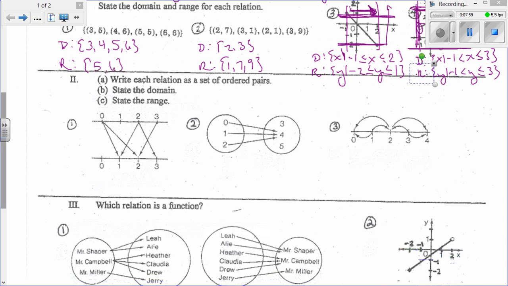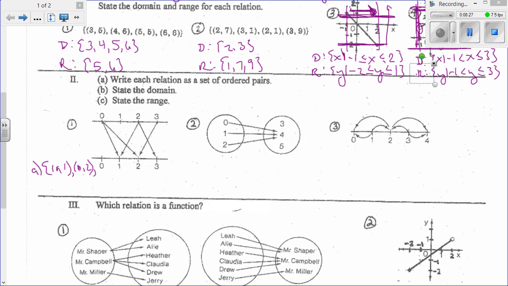For part 2, write each relation as a set of ordered pairs. B, state the domain. C, state the range. To write these as ordered pairs, I would have 0 mapping to 1, 0 mapping to 2, so it'd be (0, 1) and (0, 2).